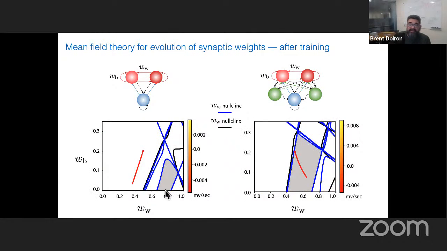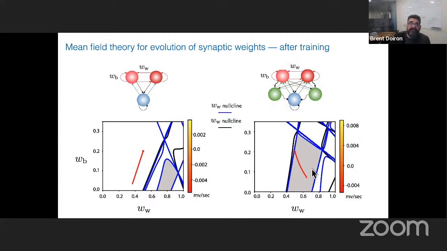So if I'm in the gray region here, I can have a stable assembly in the sense that I've stopped training, and yet I'll have an increase in the within population synaptic weight, and the between population synaptic weight will decrease. And actually, I'm sorry, these should be inverted here. Sorry about that. This gray zone is much, much larger for the network with the two different cell classes.